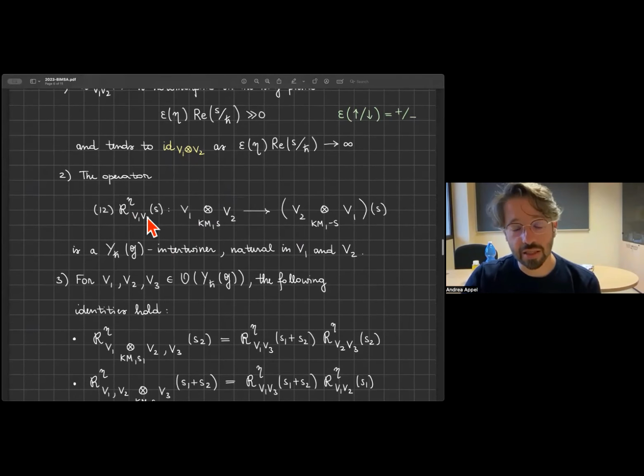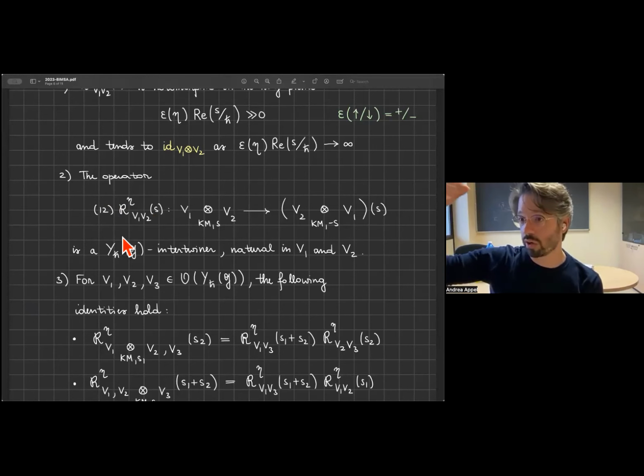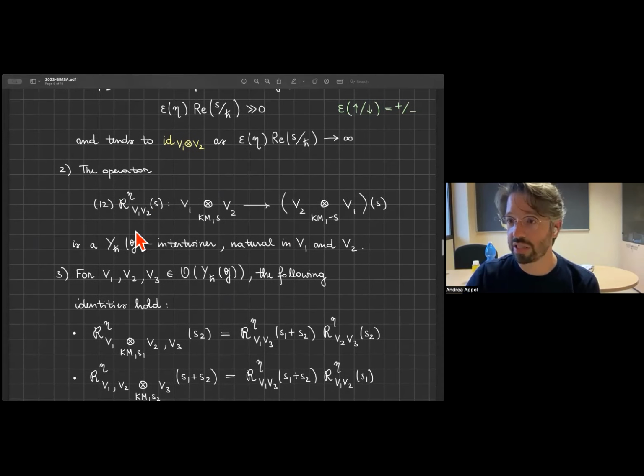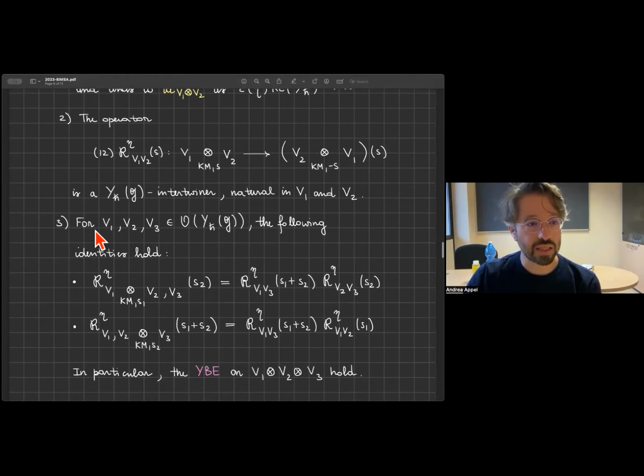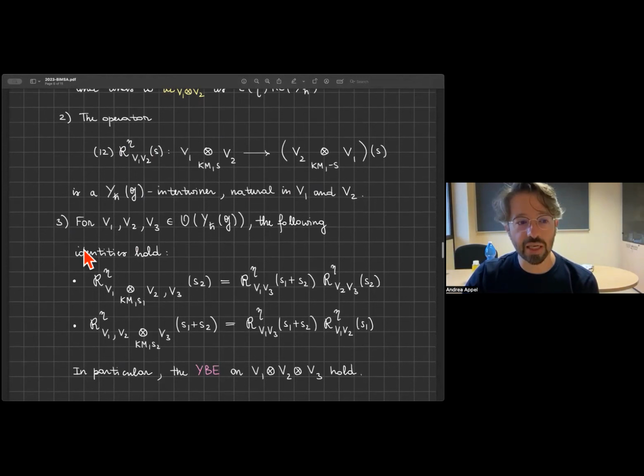And then these operators satisfy two identities. First of all, as you probably imagine, this property 2 corresponds to the intertwining equation of the R matrix as defined by Drinfeld, while this property 3 instead takes into account the coproduct identities in this setting.